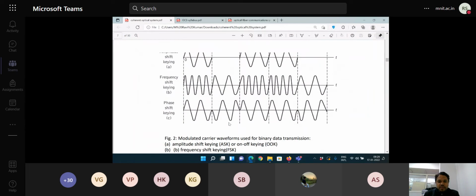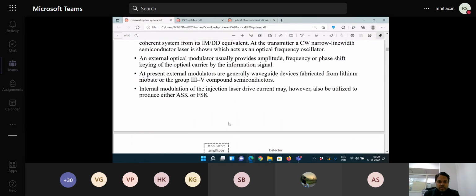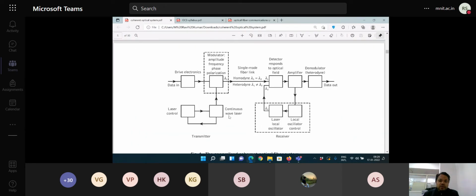What this means is, when you're doing homodyne detection, you get the transmitted information directly at this point, and it can just be amplified to get the output data. You do not need a demodulator after that.